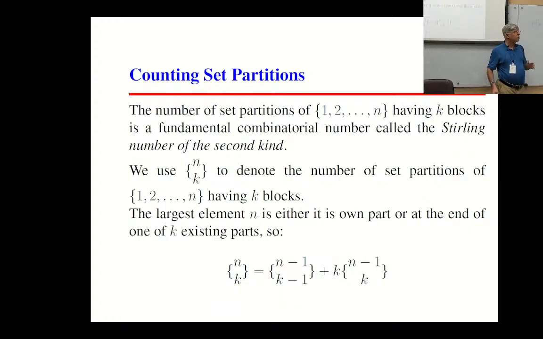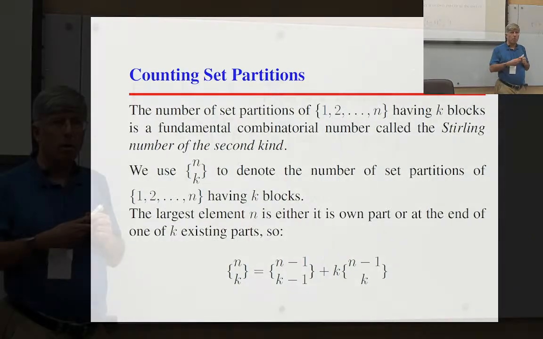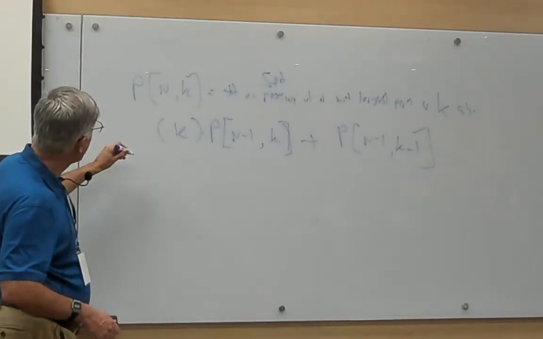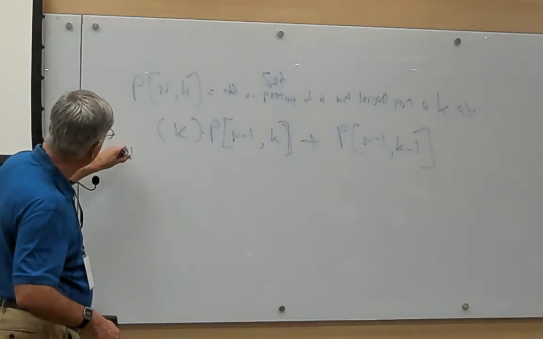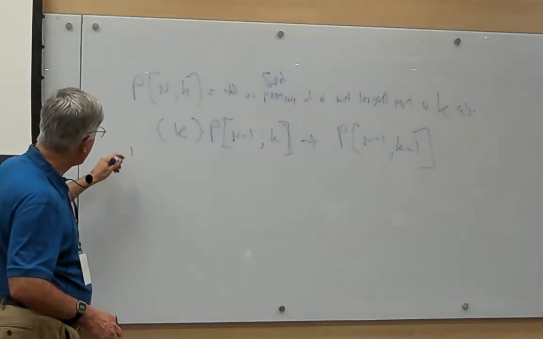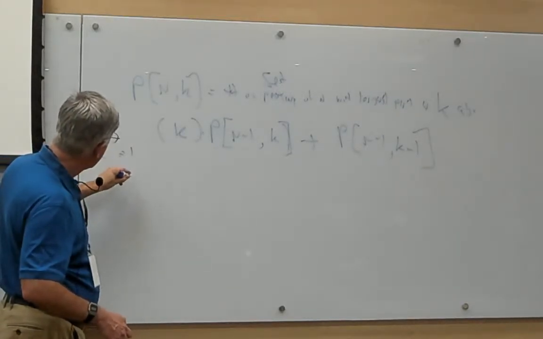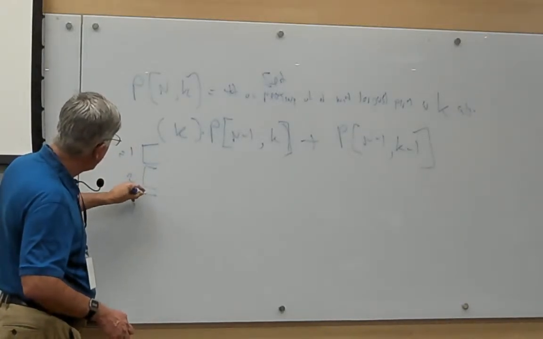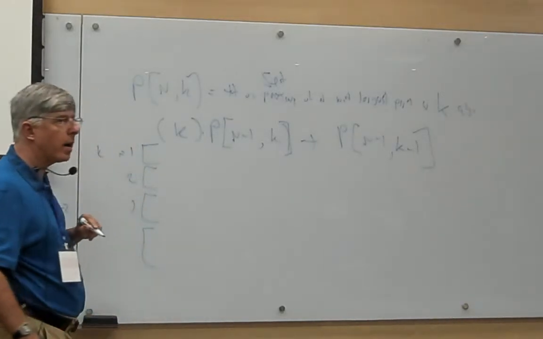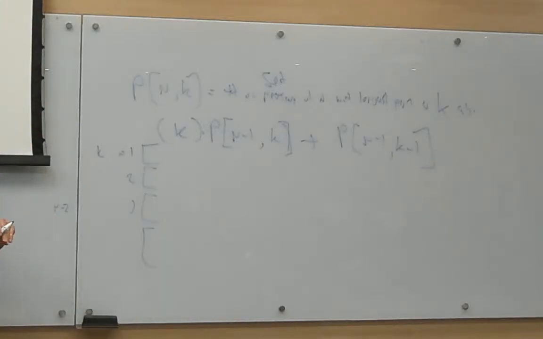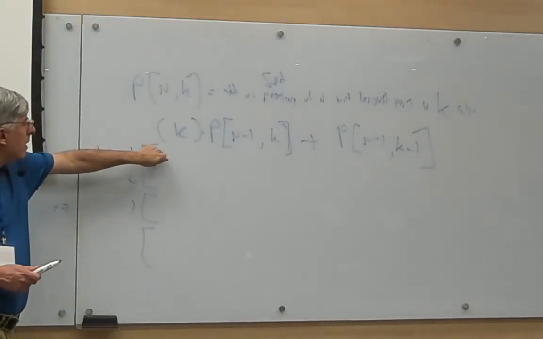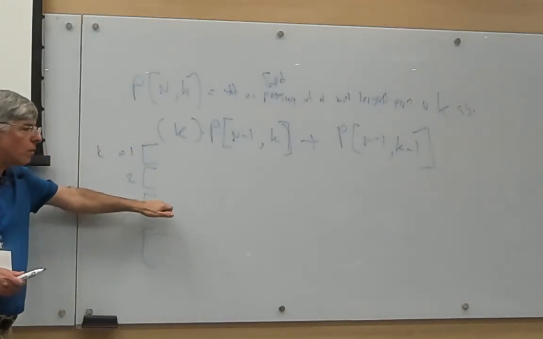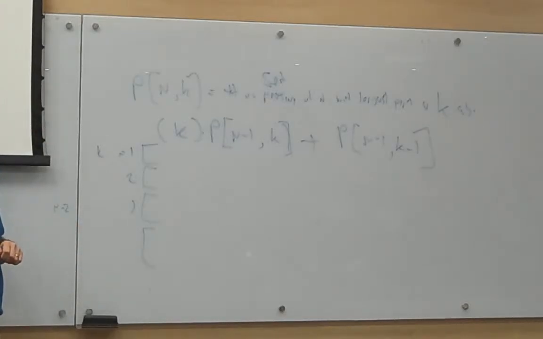Okay? It's the same trick that I've done before, right? We start with all the things where there is only one part, where k is equal to 1, 2, 3. There's going to be a chunk of partitions, okay? We list all the partitions from those that have 1 part to those that have 2 parts to those that have 3 parts, okay?